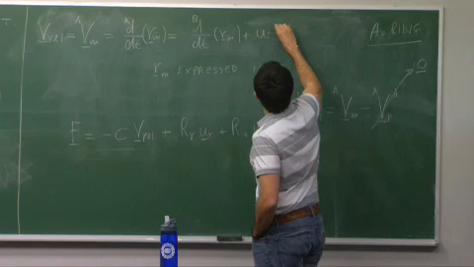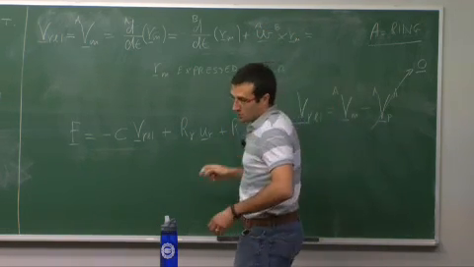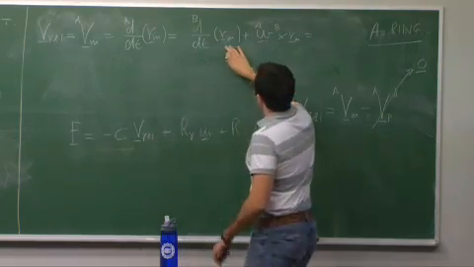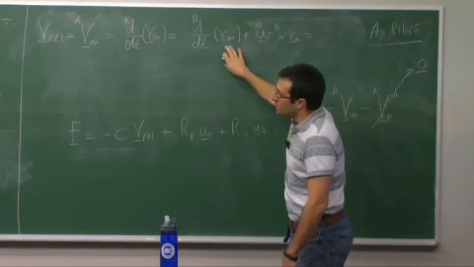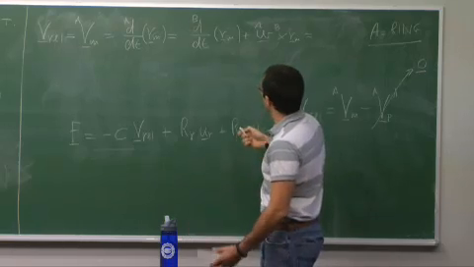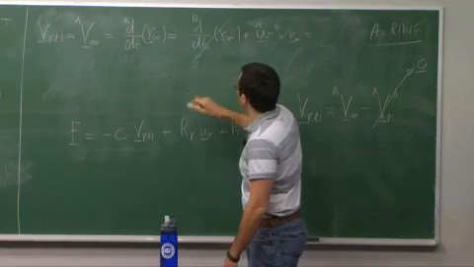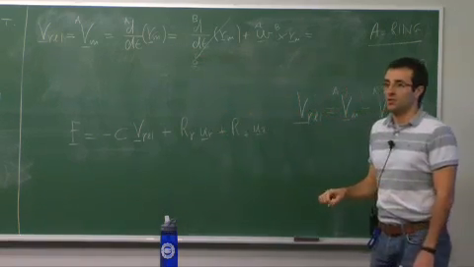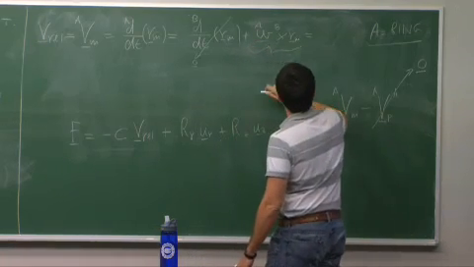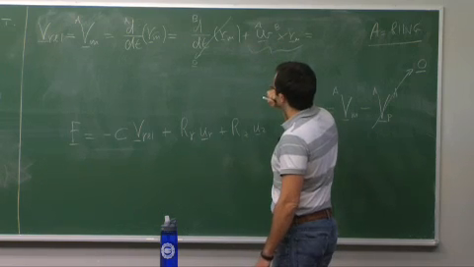Plus omega BA cross with RM, which is going to be, okay, RM in B, remember, is the plane that it's going with the particle. So that's 0, because the radius is constant, right? So with respect to that reference frame, I don't see R of M changing. So I'm only left with this omega BA cross RM, which is, what is omega BA?